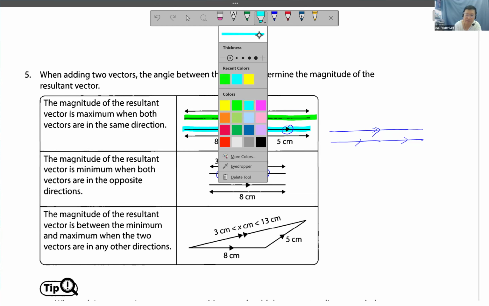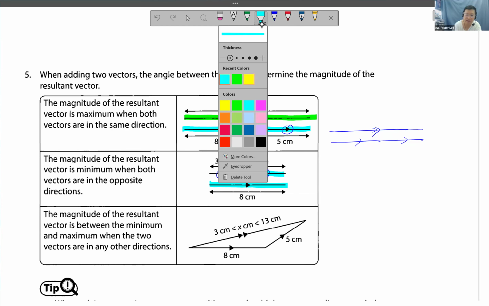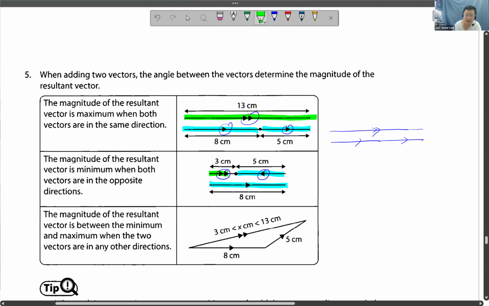Green is the resultant. This one minus this one, then the green is the resultant here. I move forward by 8, I move backward by 5, I'm effectively moving forward by 3 only. But if I move forward by 8 and then further 5, in total I move 13. That's what they are trying to say.